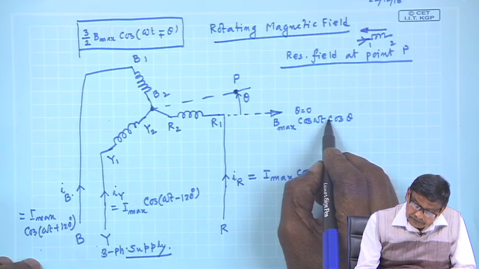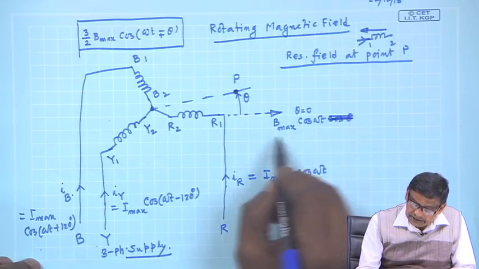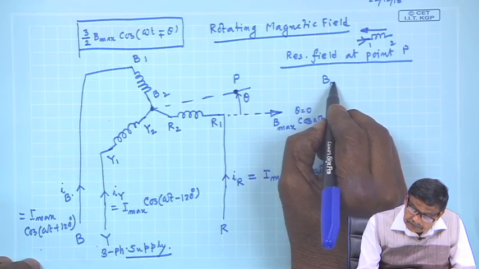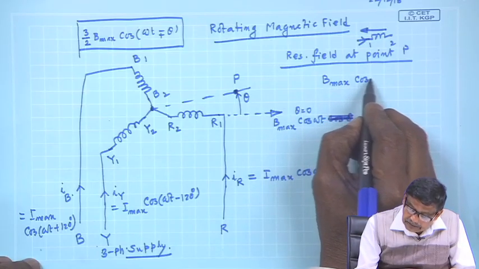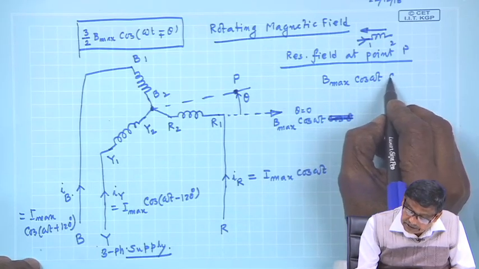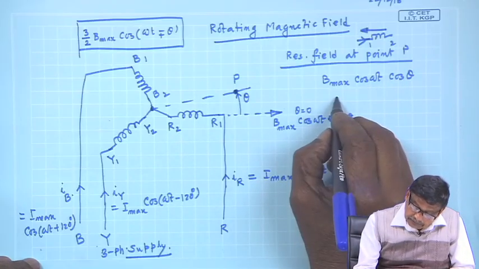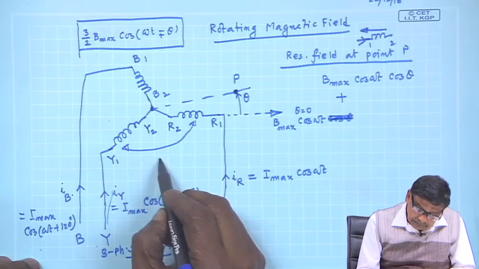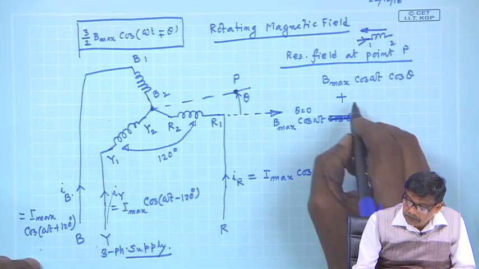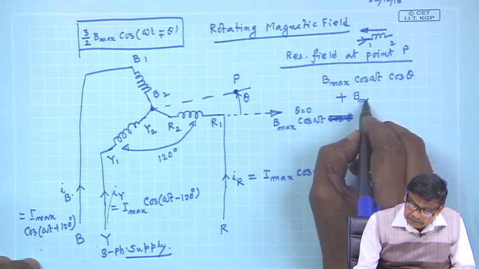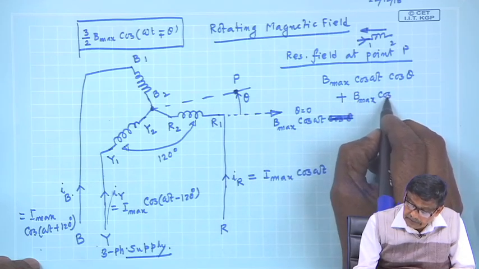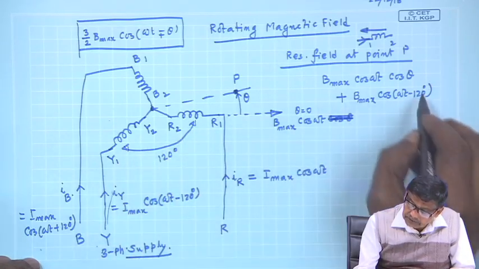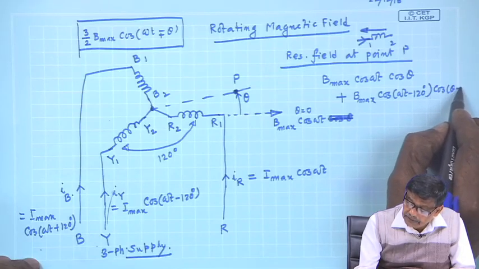I should not write cos theta earlier; it is B max cosine omega t, and then its cosine component. So it will be B max cosine omega t and then cos theta, plus, because of Y phase, this angle is 120 degrees electrical, B max cosine omega t minus 120, but this angle you note, it is cosine theta plus 120.